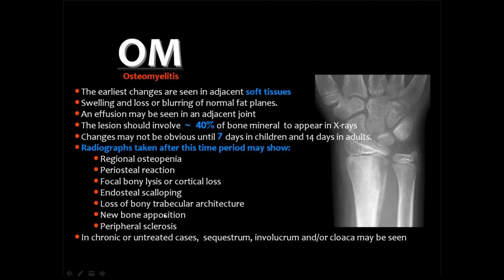Then the normal bony trabeculae are lost in the affected area, and after some time there may be new bone apposition and peripheral sclerosis, and in the chronic untreated cases you may get sequestrum, involucrum, and cloaca, as I will show to you.